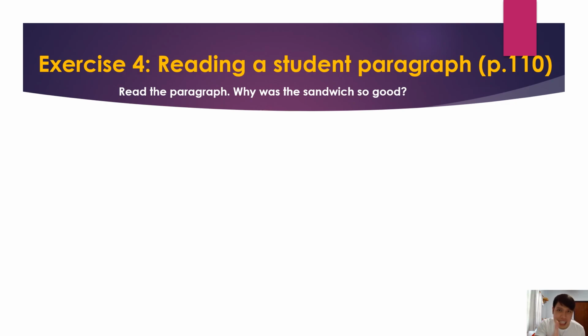One observation: you have to look at the paragraph and you will see that all the sentences were written in past tense, because it is a narrative. It means already past, and then you just bring that story and tell someone what happened in the past. That's why this question is made in past tense: why was the sandwich so good? I will give you 1 minute to find out the answer.